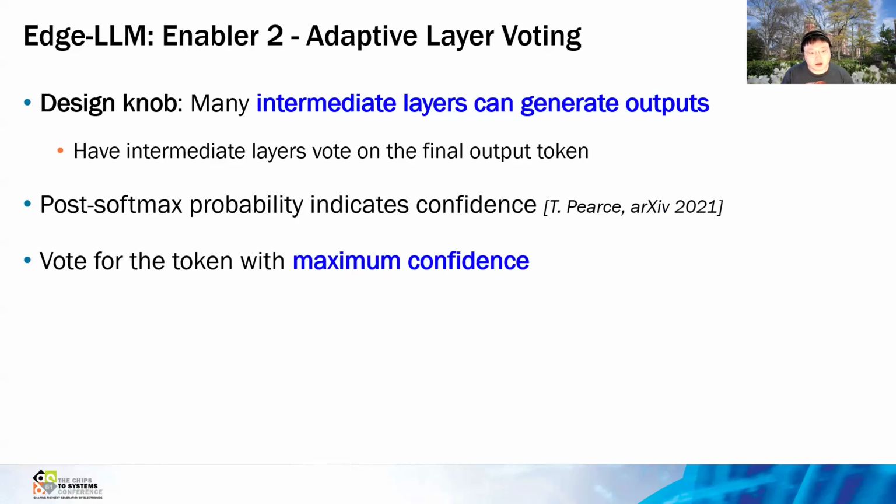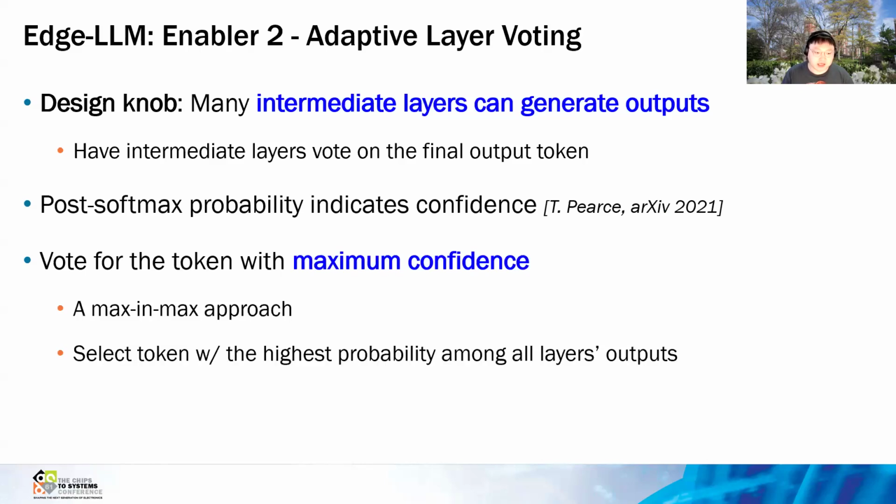Based on the observation from existing work that post-softmax probability indicates confidence, we propose to vote for a token with maximum confidence in a max approach. Specifically, we select the token with the highest probability among all layers' outputs.